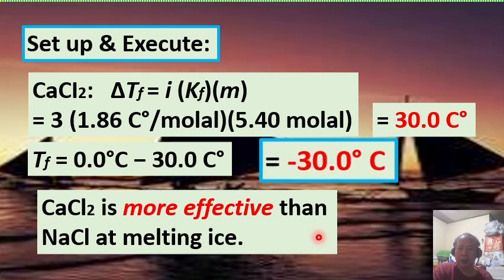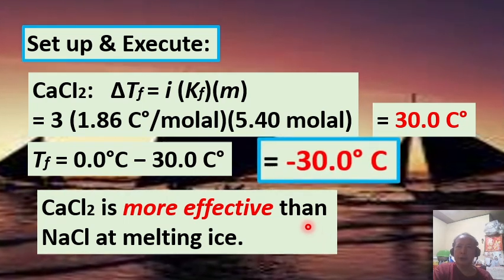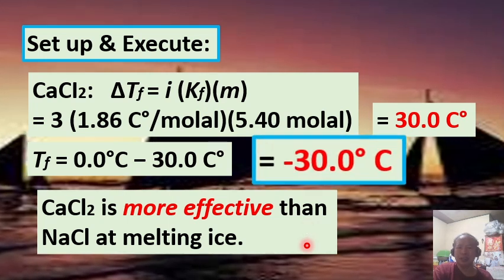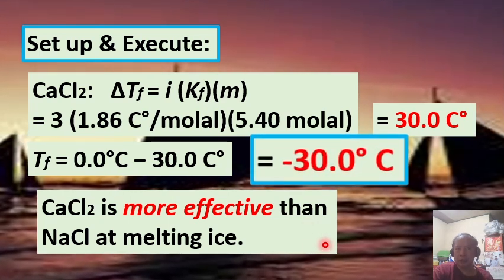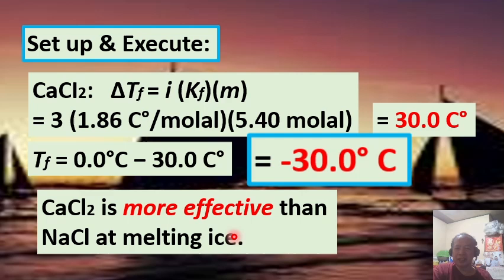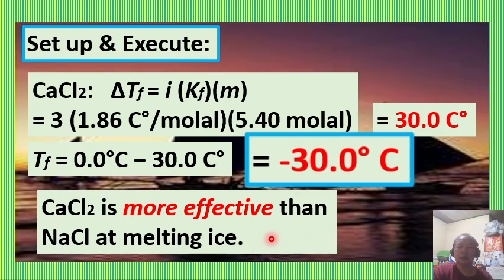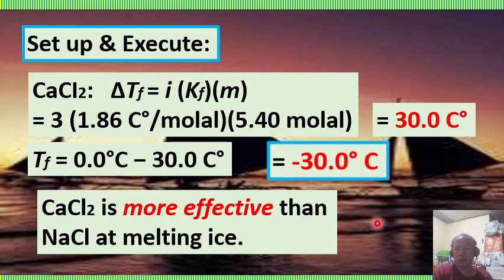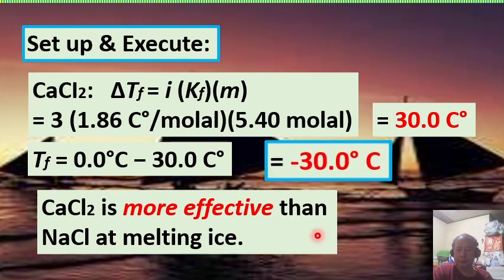The higher value of i, in other words, the more ions being dissociated in the solvent water, makes its actual freezing point much lower, right?